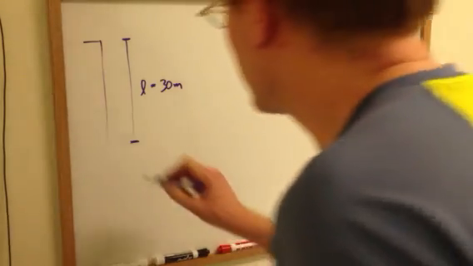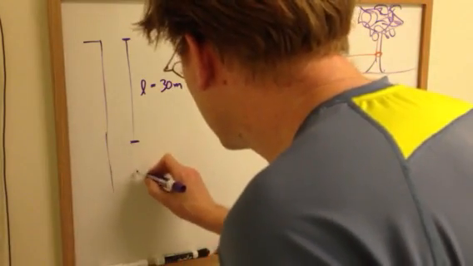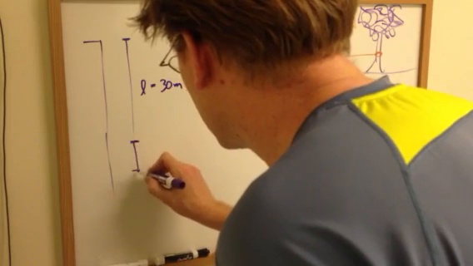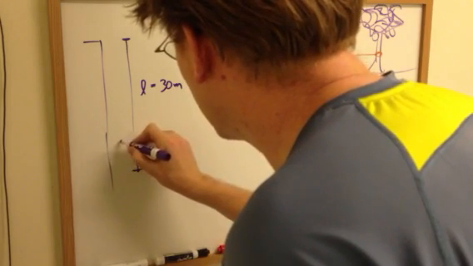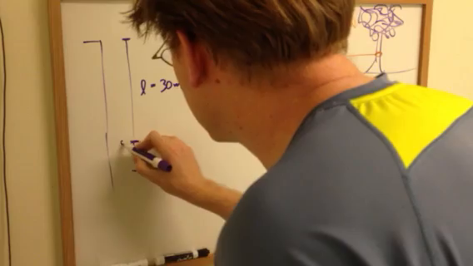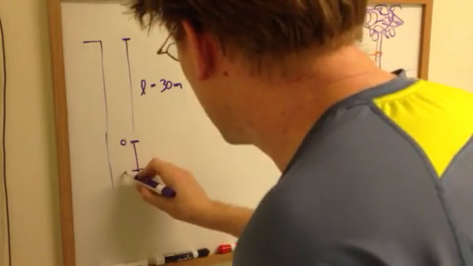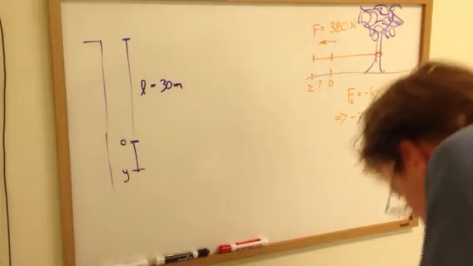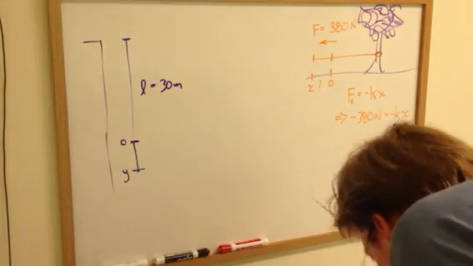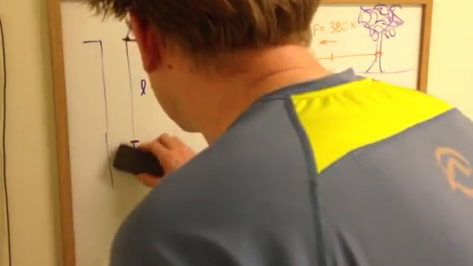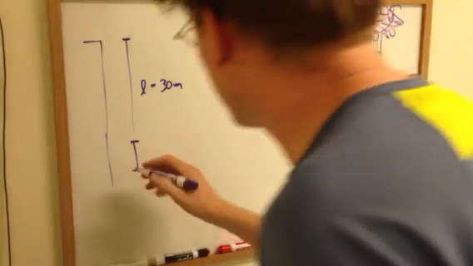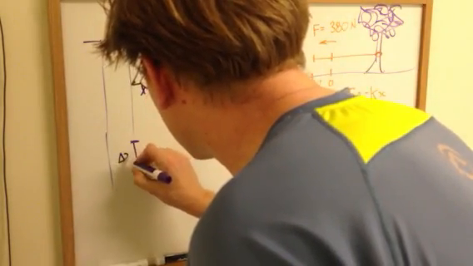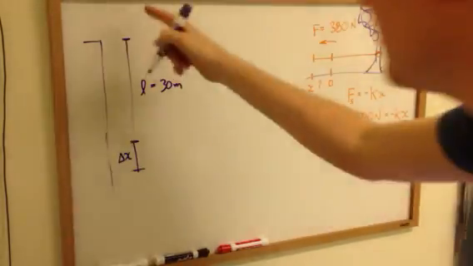And it's going to stretch some distance. If I call this 0, and I call this distance, just to keep it in the same notation, I'm just going to call this delta x. That's how much it stretches.